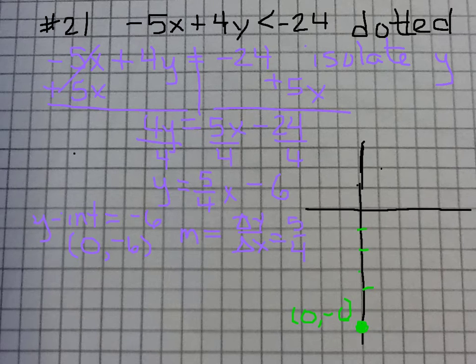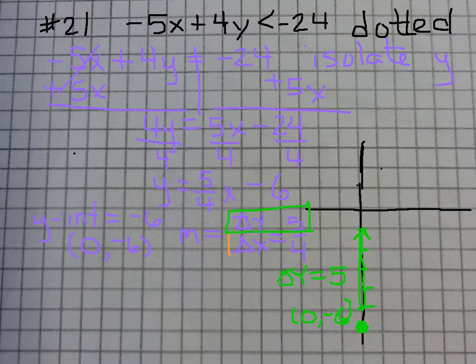Wow, that doesn't look like negative 6 there. And now my slope is 5/4. My change in y is 5, so I go up 1, 2, 3, 4, 5. There's my change in y. And now I have to do my change in x.